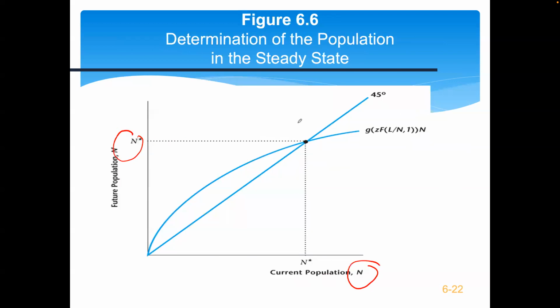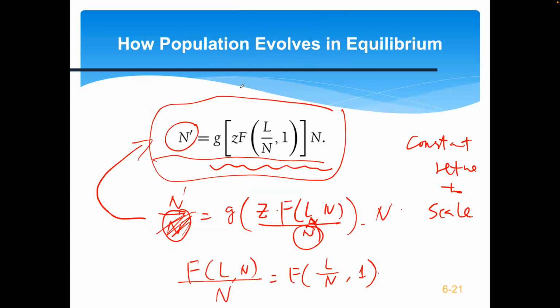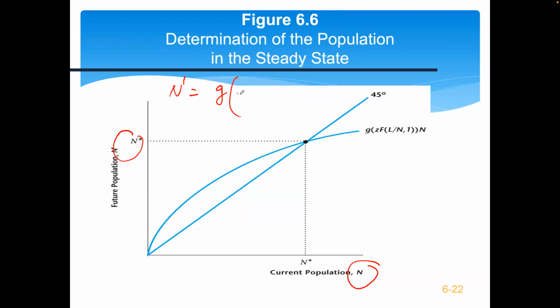N prime equals G of Z times F L N 1, times N. So this population change equation is going to look like this one, and this largely comes from the shape of G.